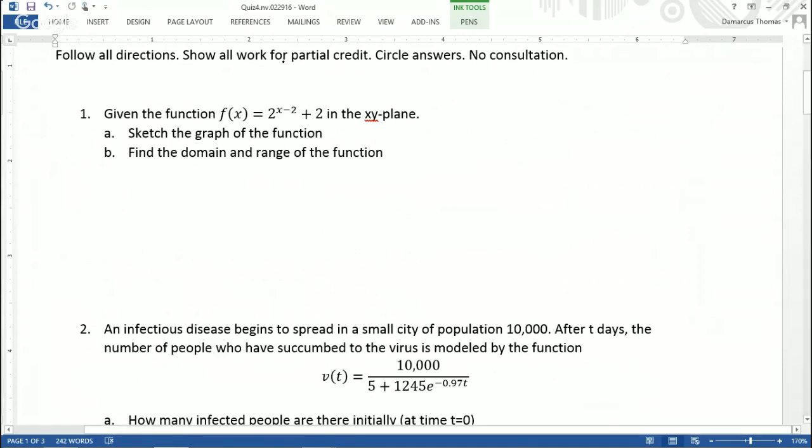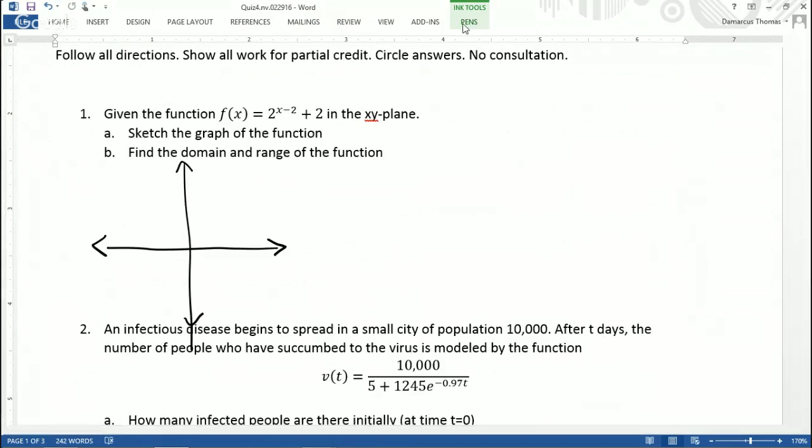All it says is sketch the function. And so we're really testing to see if we understand what an exponential function really looks like.